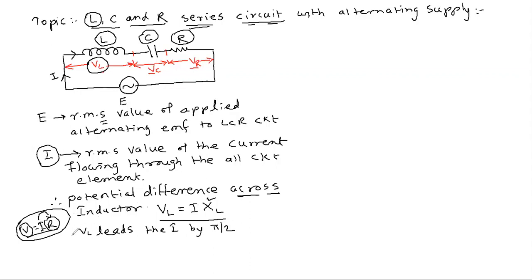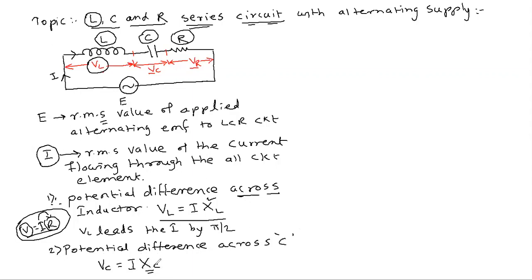Now the potential difference across C. First, you have calculated the potential difference across the inductor. Now the second one, the potential difference across the capacitor C is VC equal to I into XC. So what is this XC?